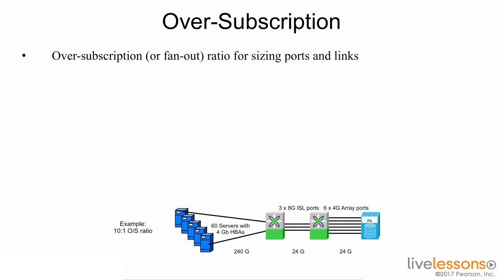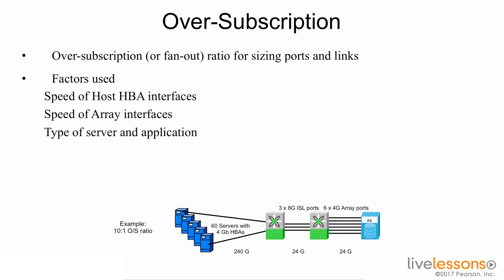When we talk about oversubscription, we're usually talking about the fan-out ratio and sizing ports and links. The factors that are used in determining our oversubscription ratio are the speed of the host interfaces, the speed of the array interfaces, and then the types of links in between those, as well as the types of servers and applications that are connected to those links.